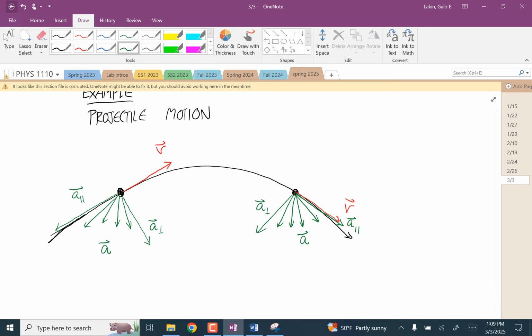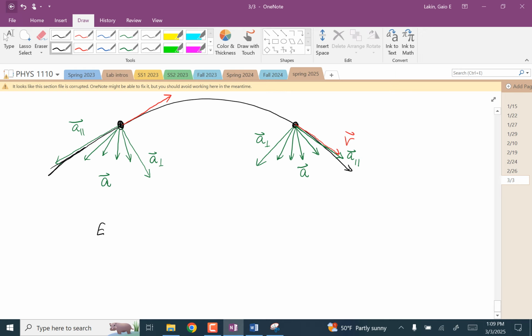Okay, now what if an object either is staying the same speed or it's not turning? We haven't thought about that yet. In other words, what if you only have either A parallel or A perpendicular? Well, let's do one where an object is turning but the speed is staying constant.